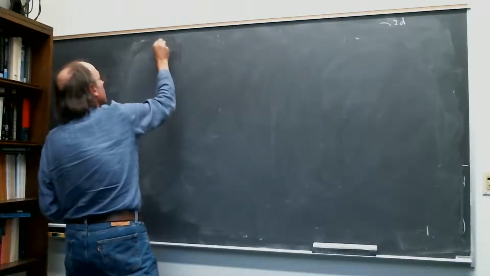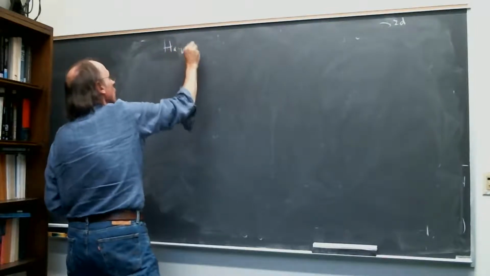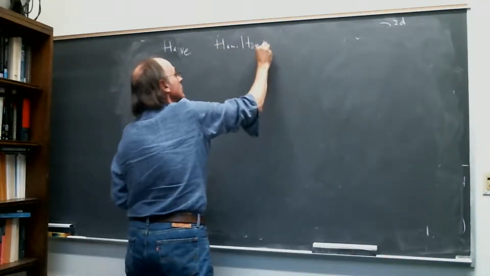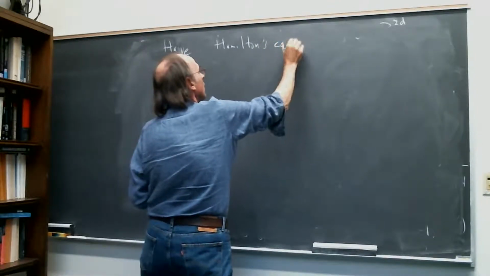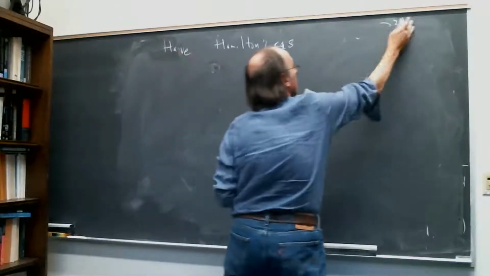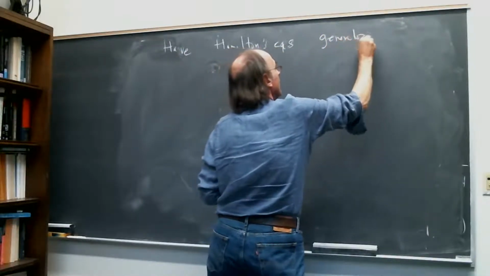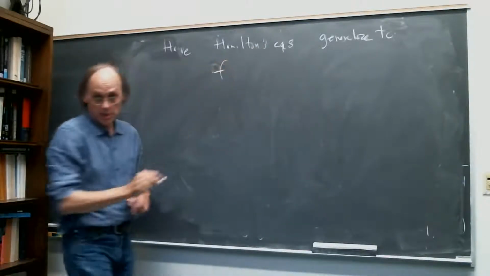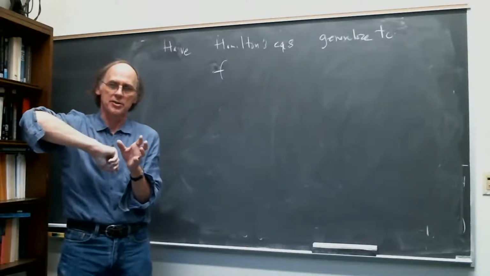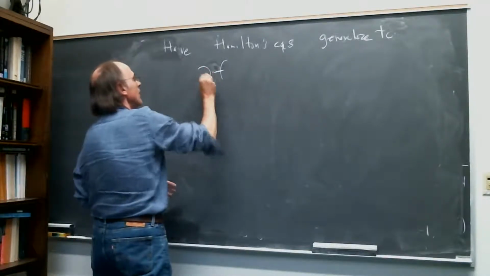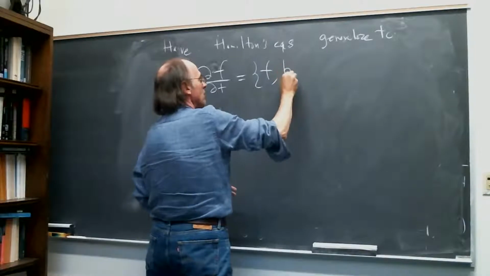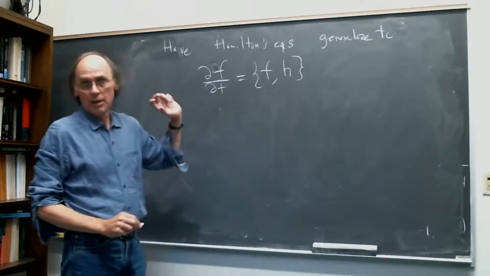One thing to say is that Hamilton's equations, or more generally, if you have some observable and you want to know how its value is going to change as your system evolves in time, you compute the Poisson bracket of that function with the Hamiltonian function, and that will give you the change.